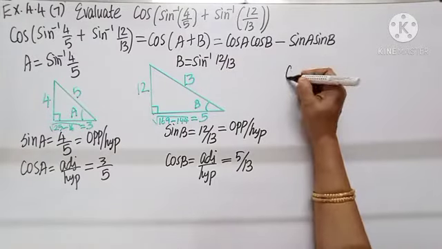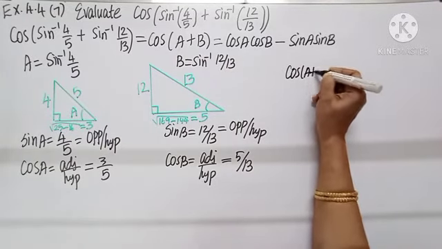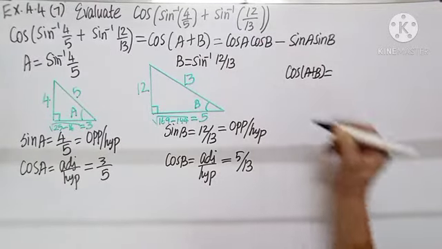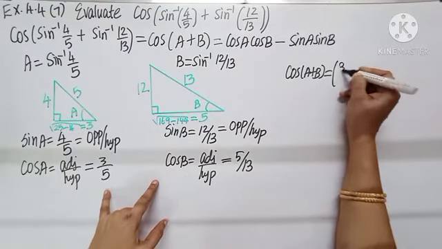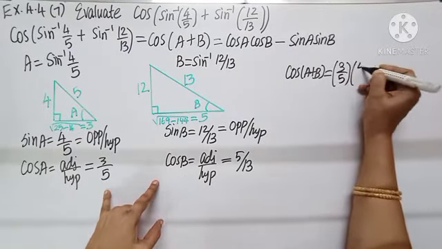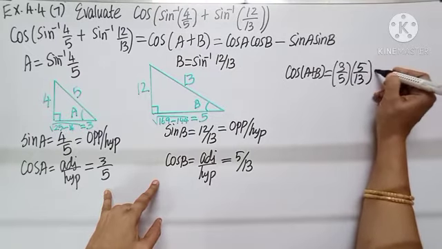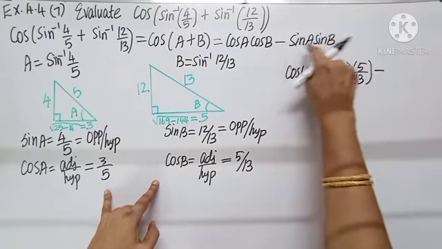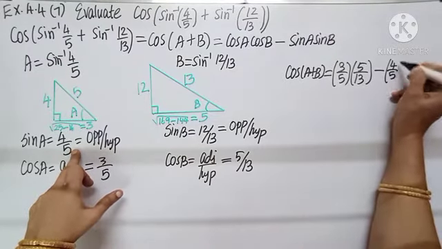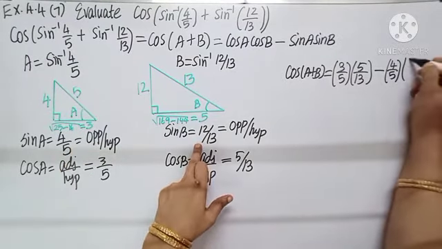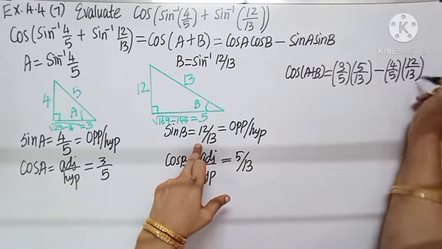What I need to find out? Cos A plus B. What is my formula? Cos A cos B. It is 3 by 5 into 5 by 13 minus sin A sin B. Sin A 4 by 5 into sin B 12 by 13.